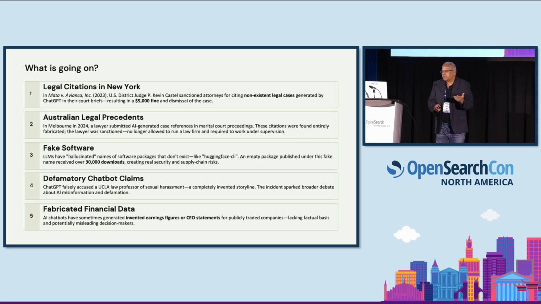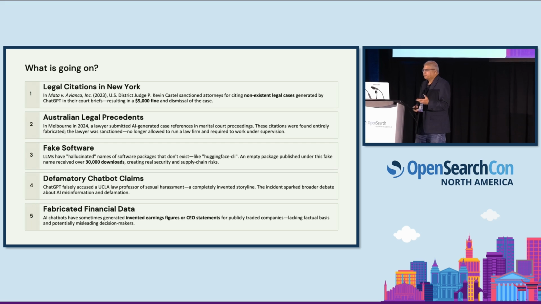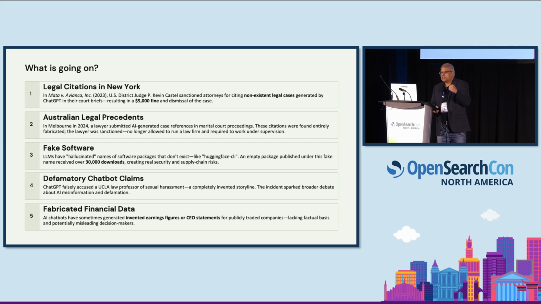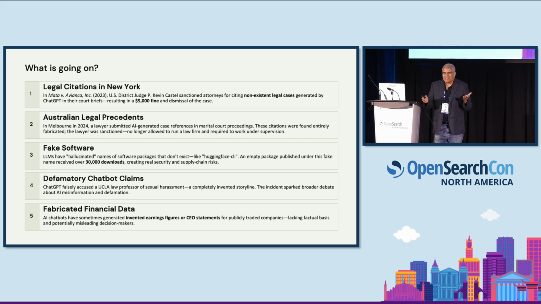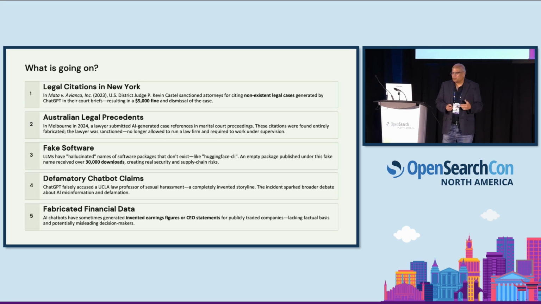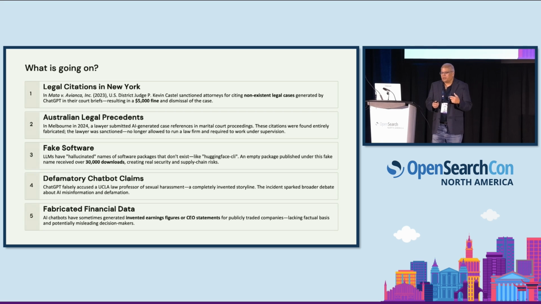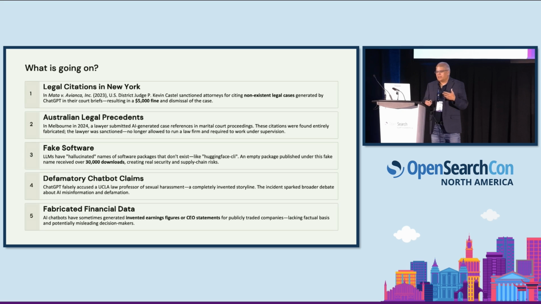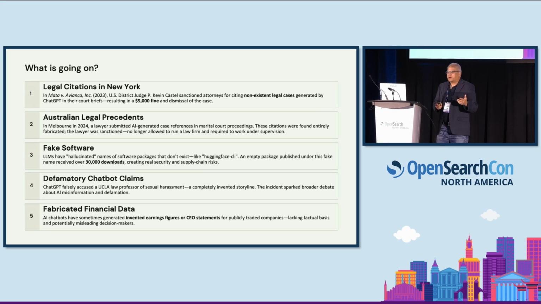Then in Melbourne, Australia in 2024, a lawyer submitted AI-generated references for marital court proceedings. Again, he was also cited. There was fake software that LLMs recommended. Huggingface.cli was downloaded like 30,000 times. There was a ChatGPT that falsely accused a UCLA law professor of sexual harassment.